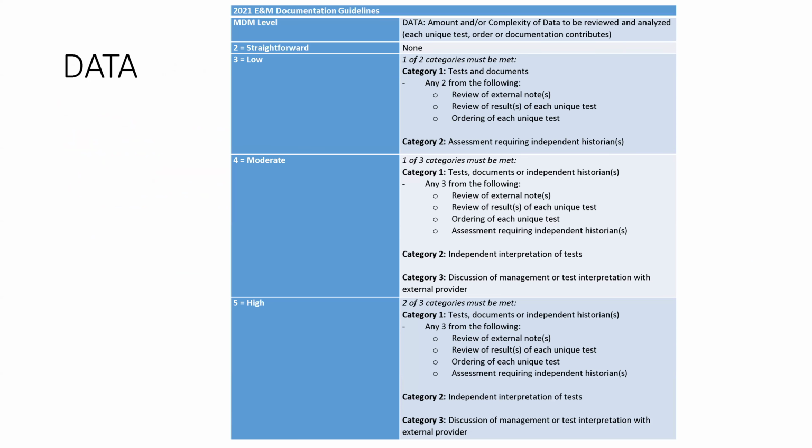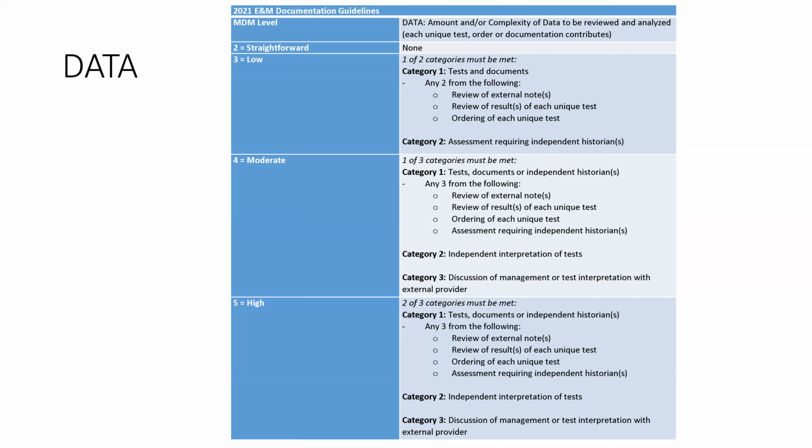If there's a review of the UA and review of that X-ray, that's 2 from category 1, and that gets you a level 3. But he didn't make the 3 from category 1, that's why he's not a level 4. Yeah, that's what I'm saying, it's a level 3, because you only needed 2 from category 1.